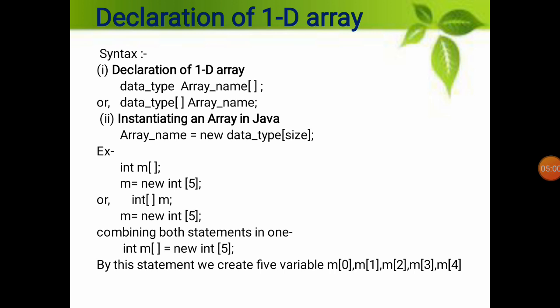We can combine both statements in one single statement: int m[] = new int[5]. By this statement, we can create 5 variables m[0], m[1], m[2], m[3] and m[4], and each element is referred to by the subscript or index 0, 1, 2, 3, 4.